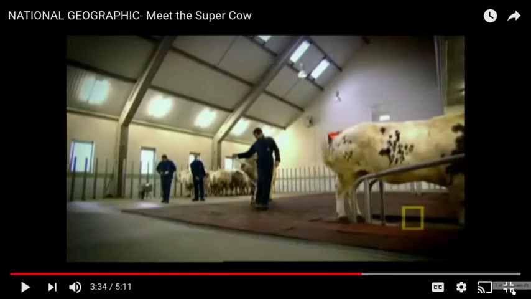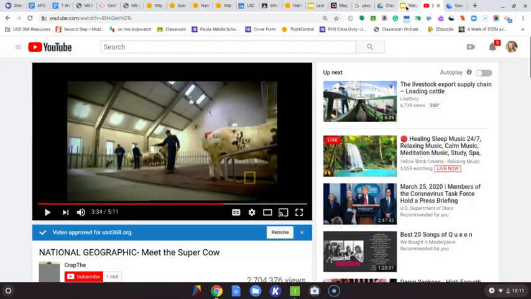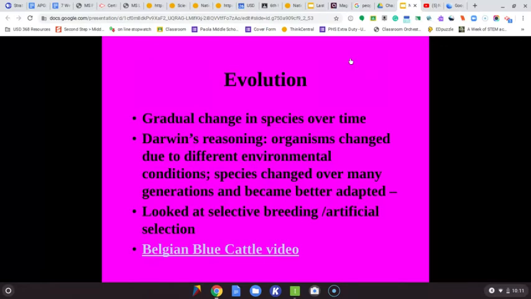Okay, so this just gives you some information there on how natural this is. Selective breeding, or artificial selection. We can choose animals that have a certain trait and breed them together. You can see how that changed that animal over time.